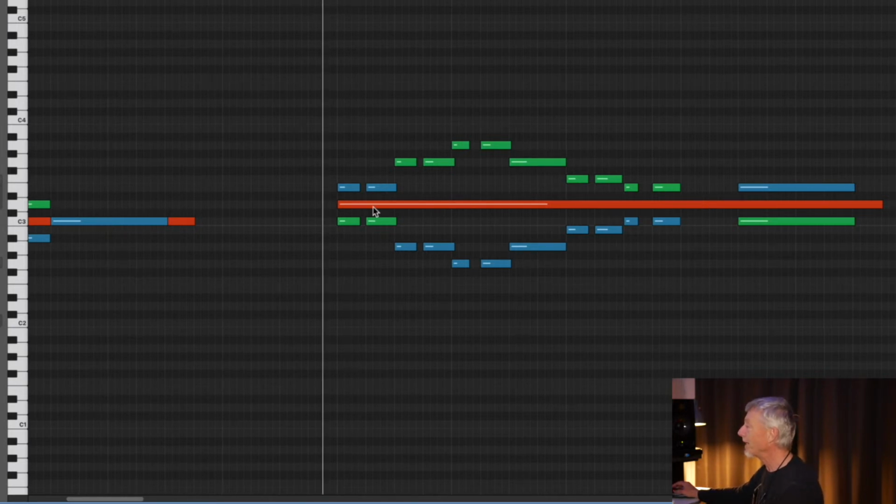Here, I move the axis of symmetry up a step. The original melody, C, C, G, G, is going to be reflected by E, E, A, A, because the original melody starts a step below the axis, so the harmony begins a step above.